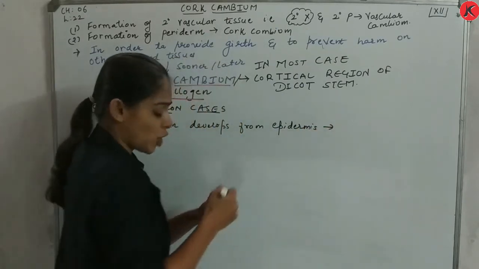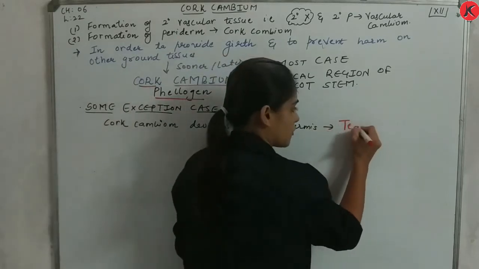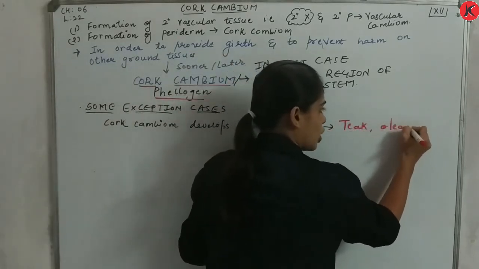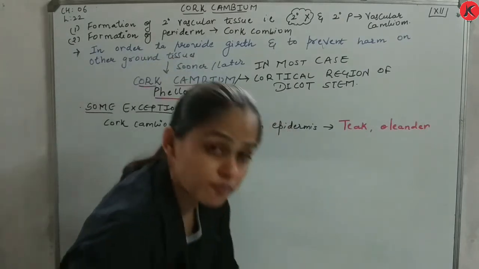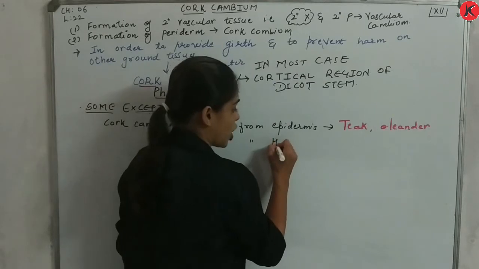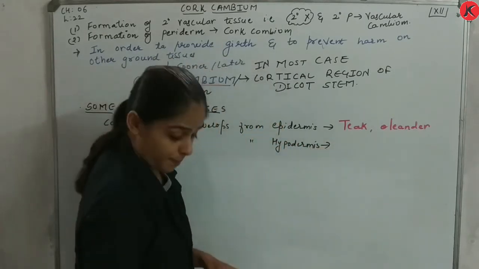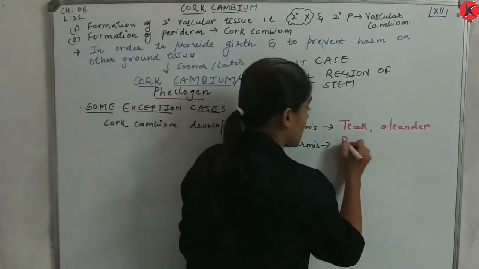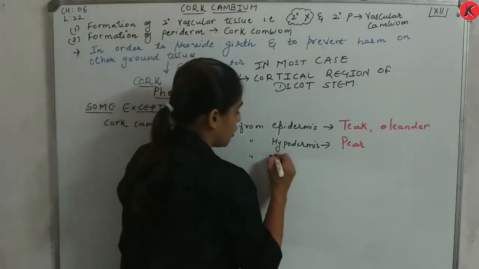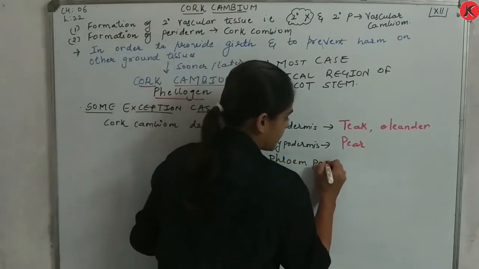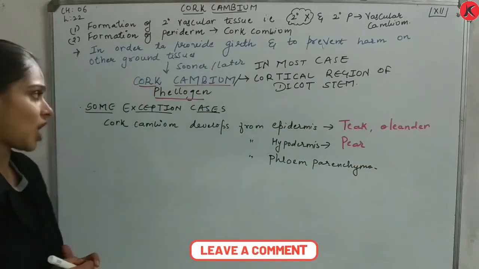This is in case of teak and oleander. Sometimes it develops from hypodermis, in case of pear, and sometimes it may develop from phloem parenchyma, in some plants. Are you people getting my point?